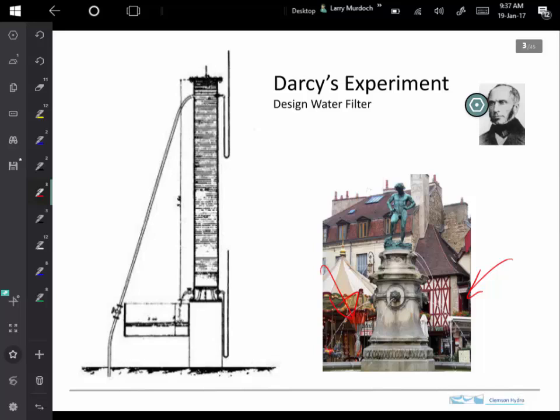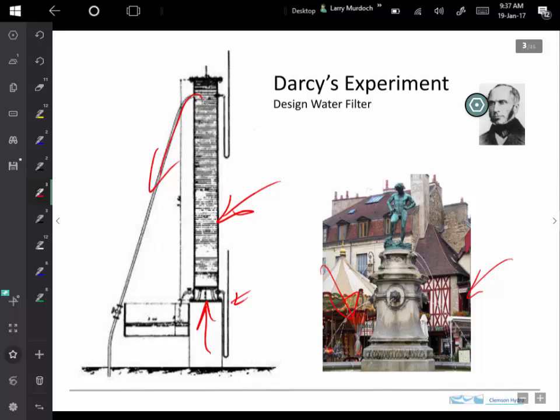So he set up a test that's shown here. It's a column filled with sand, and there's water flowing up here and out like that. And he was measuring the head with these manometers, and he showed that the flow through the sand filter was linearly related to the head gradient through the sand filter.